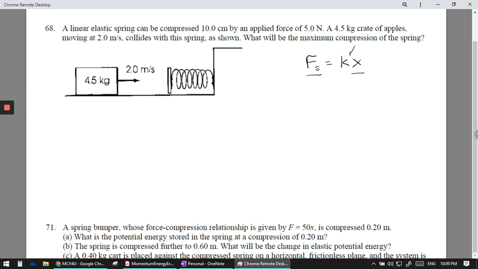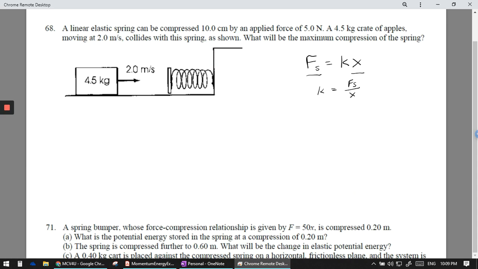And what that's basically telling us, this is like a roundabout way of giving us the k value of the spring, right? And so if you do a little bit of algebra on this one, you find that k equals the force applied on the spring for a certain distance. And that'll give you your k value.